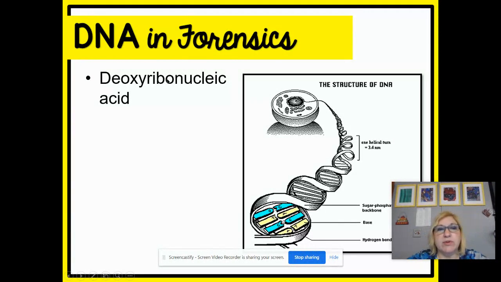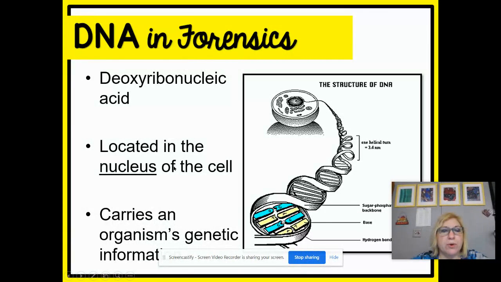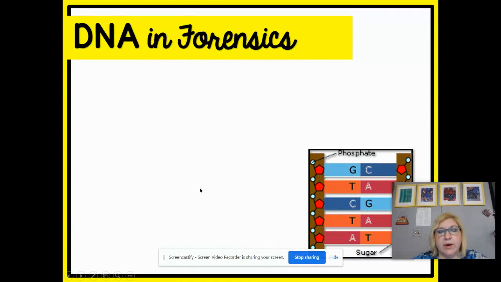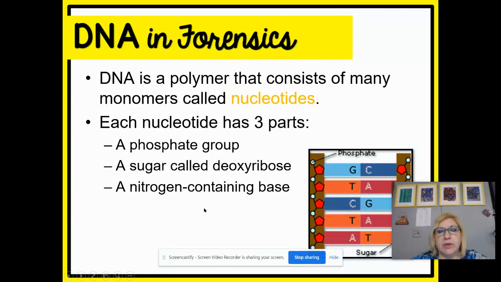The deoxyribose is the sugar, and then it's also considered a nucleic acid because it has nitrogen-containing bases there. The G and C and A and T that you heard the Amoeba Sisters talking about. So the DNA is located in the nucleus of the cell and carries all of the genetic information for that person.